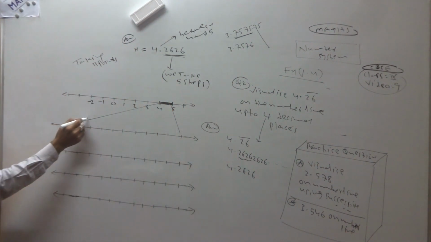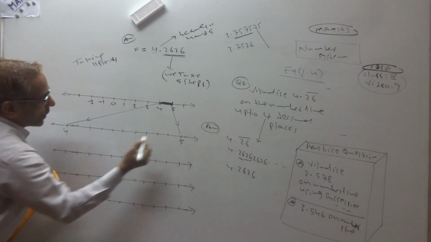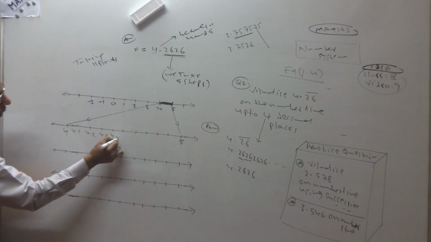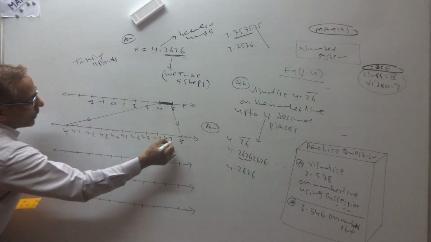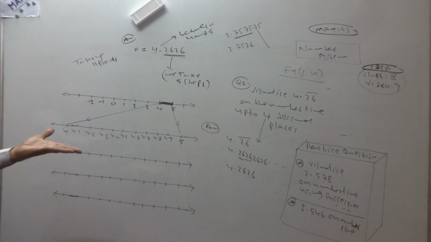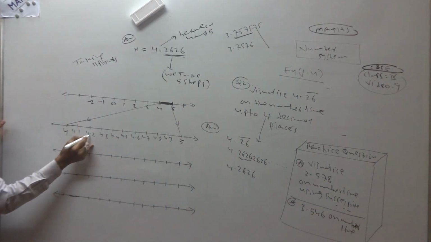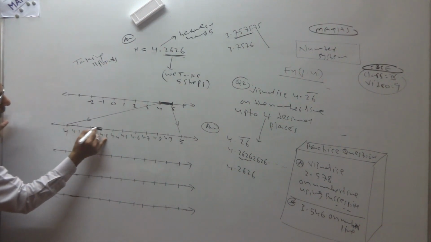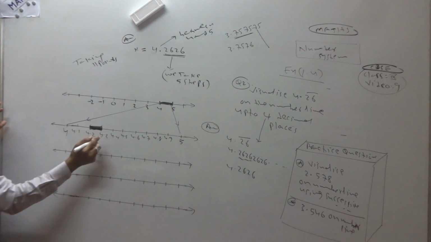Now 4.1, 4.2, 4.3, 4.4, 4.5, 6, 7, 8, 9, 5. After 4.95. Now where is 4.2? Here, between 4.2 and 4.3. So you highlight this. Got it? Just make this dark.